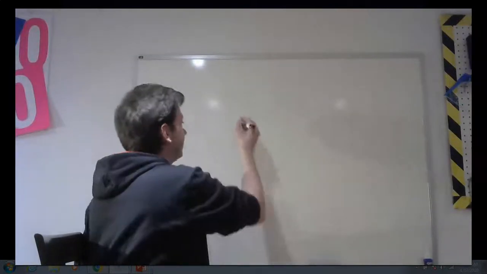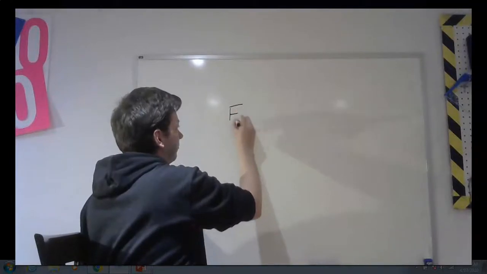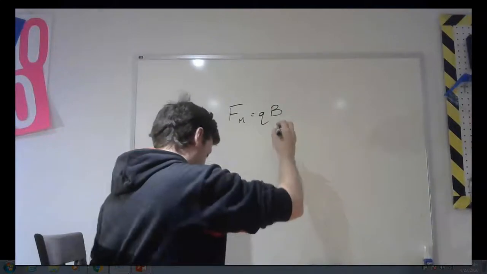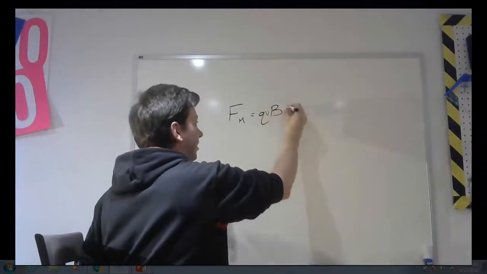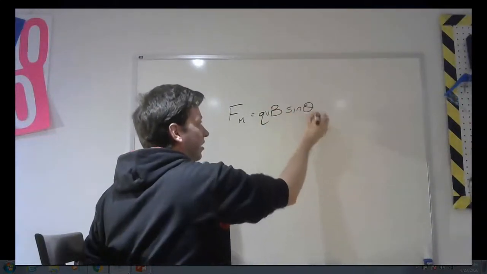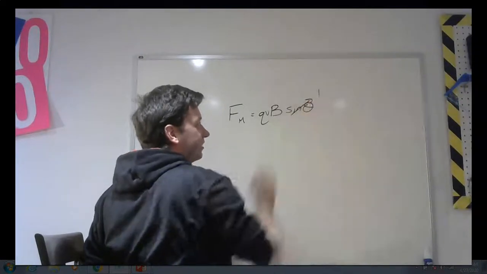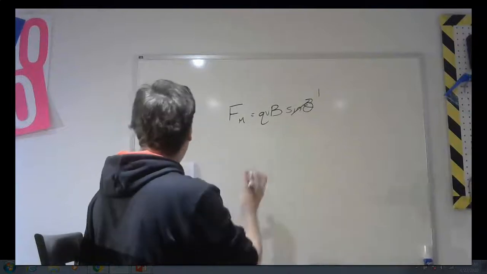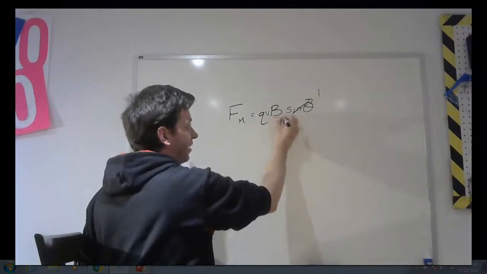So our equation, Fm equals QvB times the sine of theta. Okay, now theta is 90 degrees, so sine of 90 is just 1. And what we're trying to solve for here is the magnetic field strength.